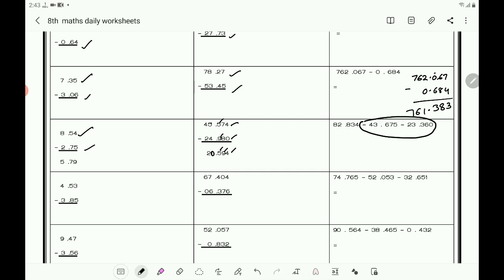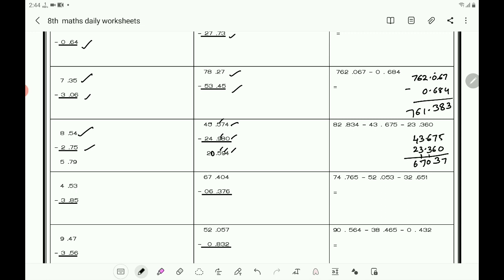After getting the sum of the two, subtract that sum from 82.834. 43.675, 23.360. Then 7 plus 6, 13, and 6 plus 3, 9 plus 1, 10, 3 plus 3, 6 plus 1, 7, and 4 plus 2, 6.